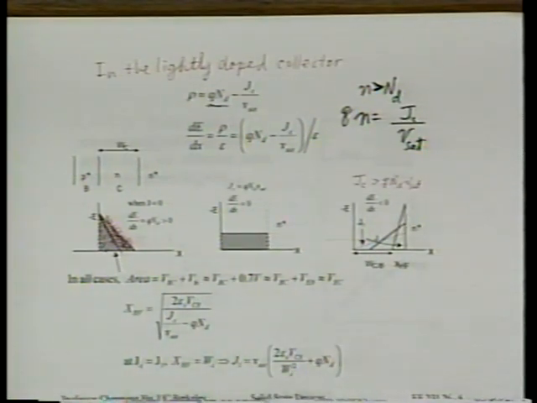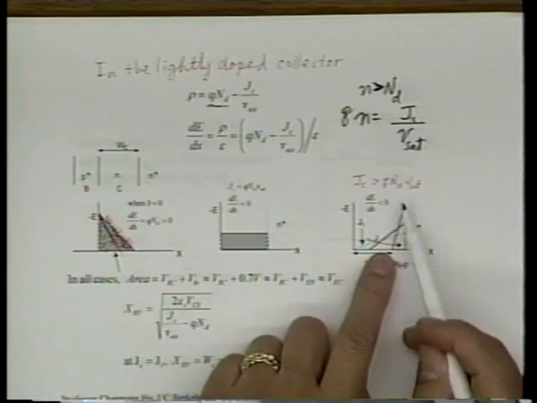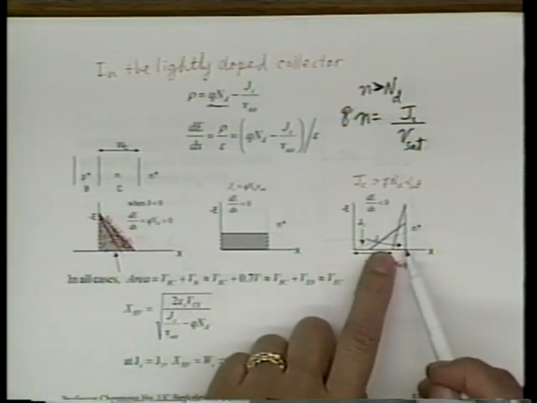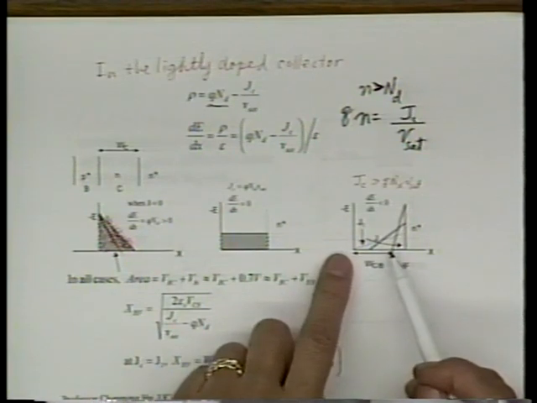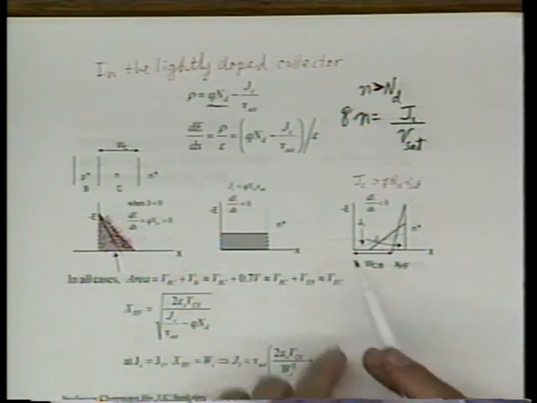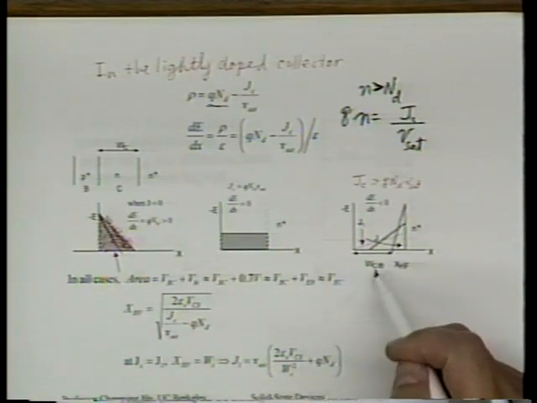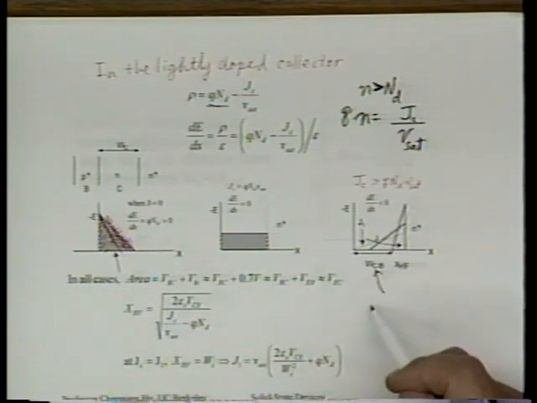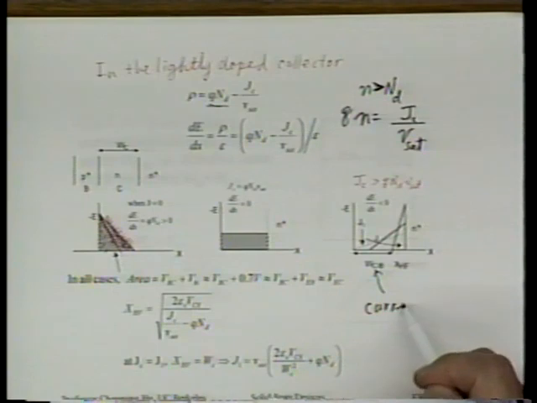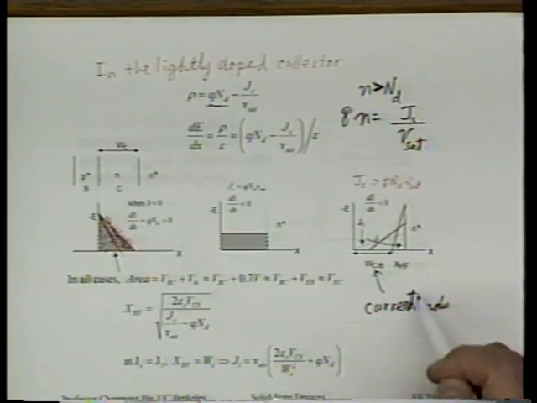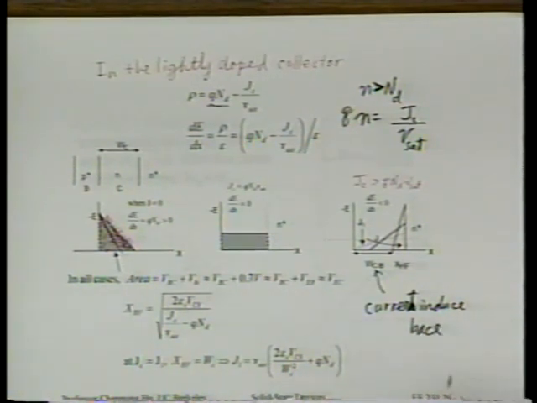What happens is now the so-called high field region becomes narrow, and there's a neutral region next to the base. This is known as current-induced base, CIB, meaning current-induced base. Because in this region, we don't have a high field.